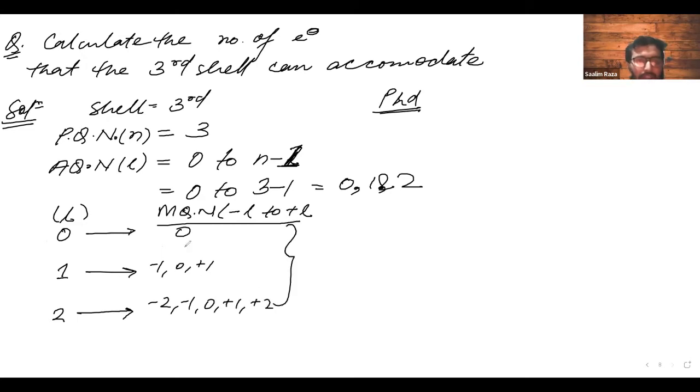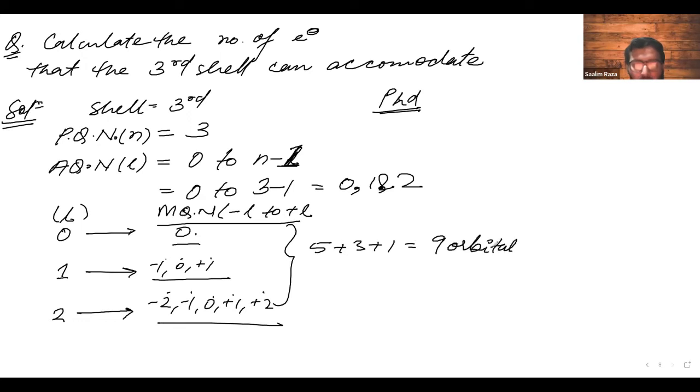Okay. Now add these. You have to add the values, right? 1, 2, 3, 4, 5, 6, 7, 8. How many? 9, right? So 5 plus 3 plus 1 is equal to 9 orbitals. How 9 orbitals?